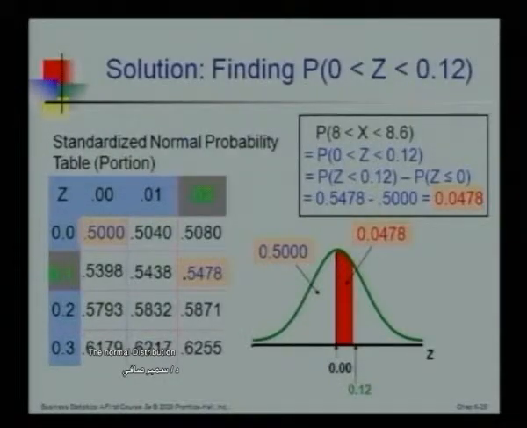In this case, we can use the normal table. Now, this area, as we mentioned, is just the probability of z smaller than 0.12 minus the probability of z smaller than 0. This probability, we know that's 0.54878. Now, the probability of z smaller than 0 is 1/2, because the total area underneath the normal curve is 1, and 0 divides the curve into two equal parts.